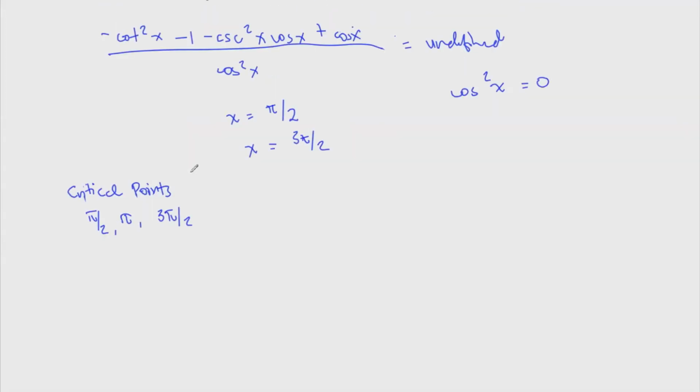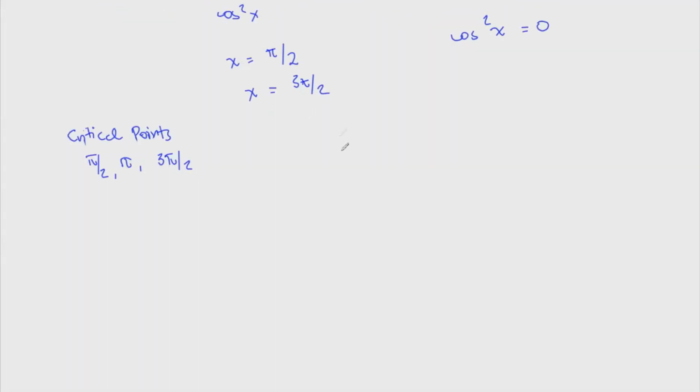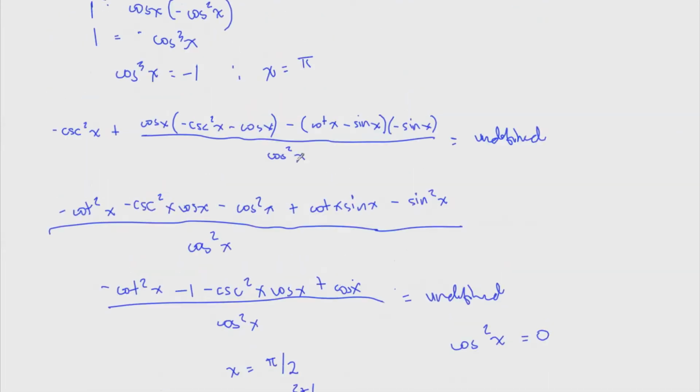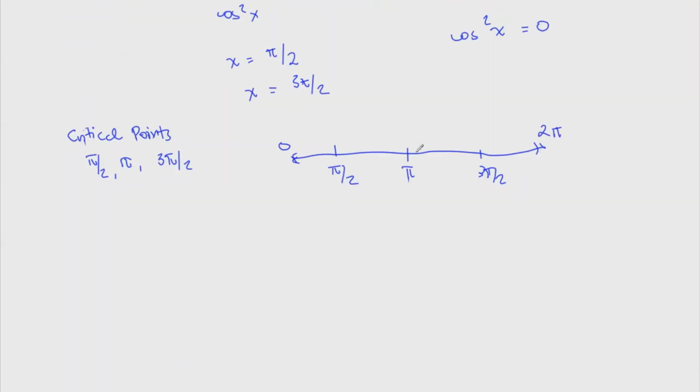And then, let's try to check if they actually would give us the relative or the global maxima or extrema. So we have right here pi over 2, we have pi, and then we have 3 pi over 2. So at the end of this, we have 0, and then we have 2 pi. Okay, so I'll just be using the same concept of just plugging in the values.